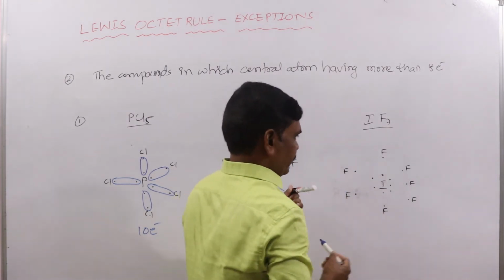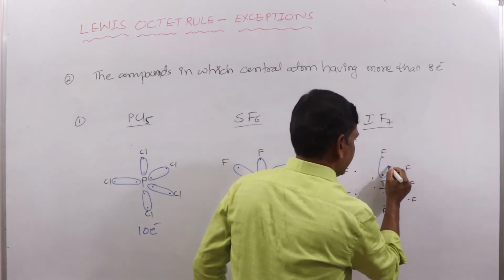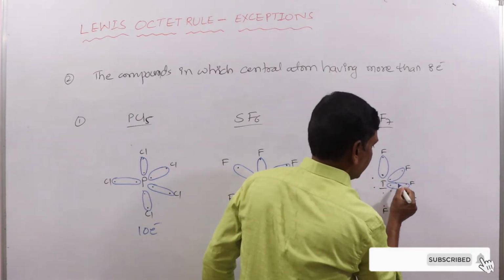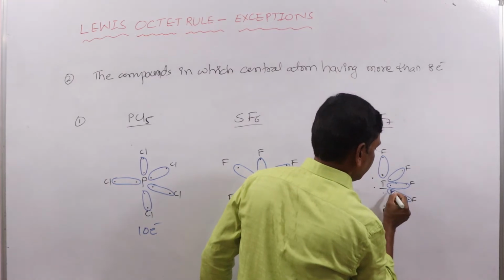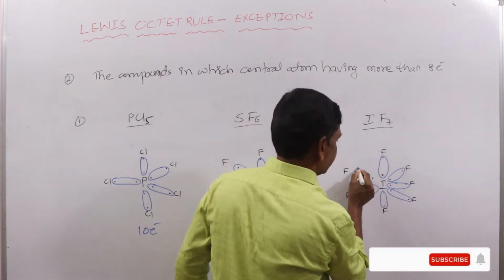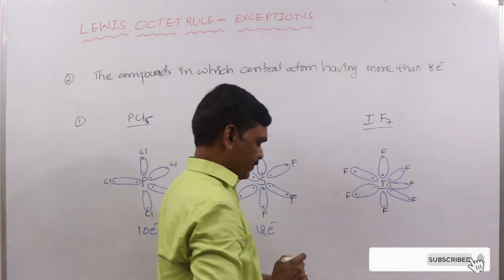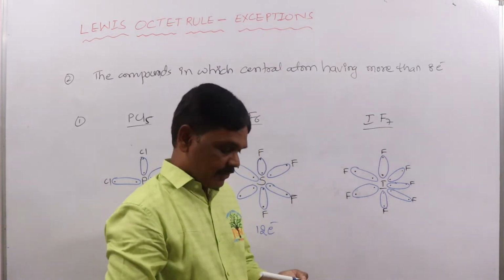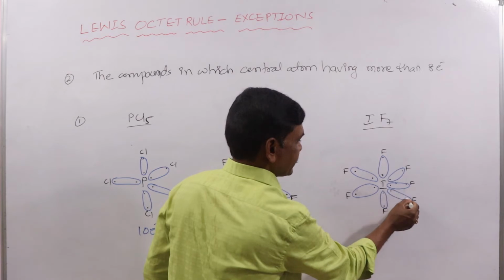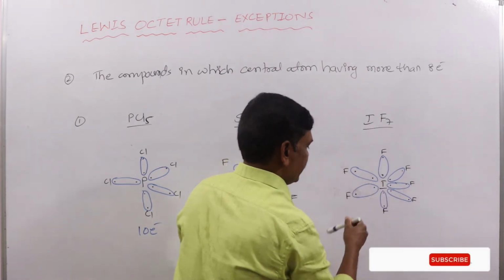First bond, second bond, third bond, fourth bond, fifth bond, sixth and seventh bond. So this is iodine heptafluoride. Now how many electrons? 1, 2, 3, 4, 5, 6, 7, 8, 9, 10, 11, 12, 13, 14.